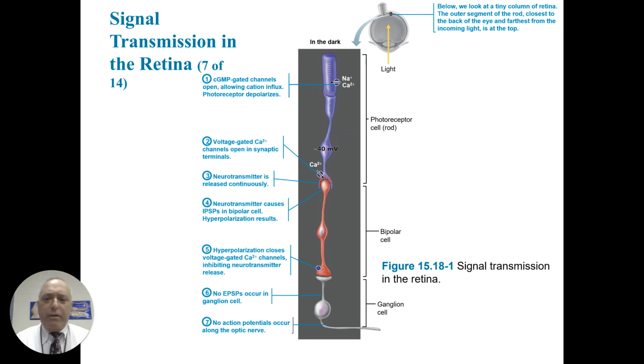So if we take another look, we start at this cell body, which is embedded in the retina, and this is going to be near the fovea. Its cGMP gated channels are open at rest. This allows influx of ions, and the photoreceptor depolarizes. Then voltage-gated calcium channels open in the synaptic terminal, leading to neurotransmitter release.